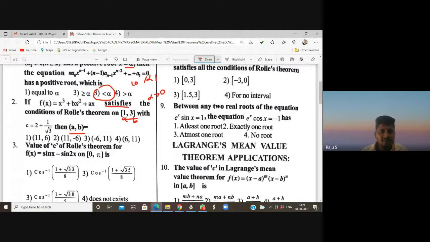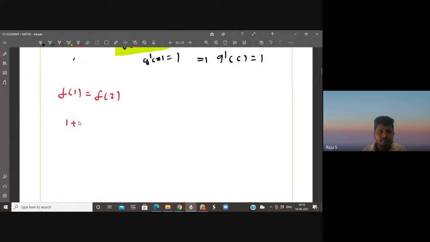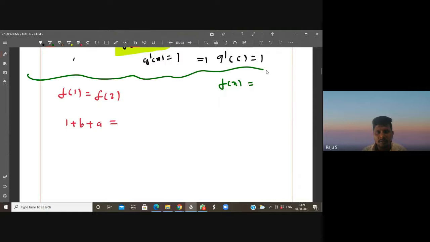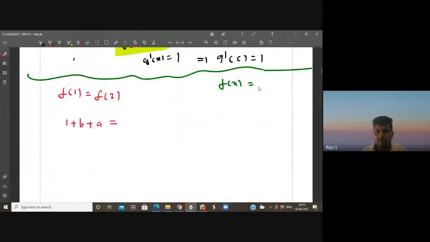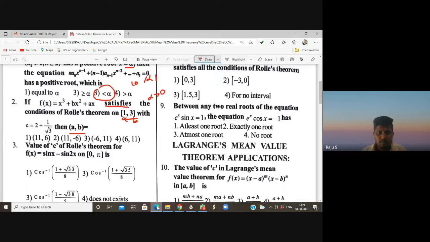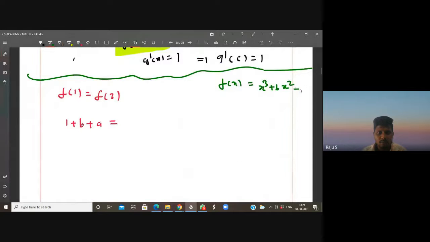So what is f(1)? Substitute 1: 1 cubed plus b into 1, so 1 + b + a. This is f(1). What is f(3)? The function given in the second question is x^3 + bx^2 + ax.